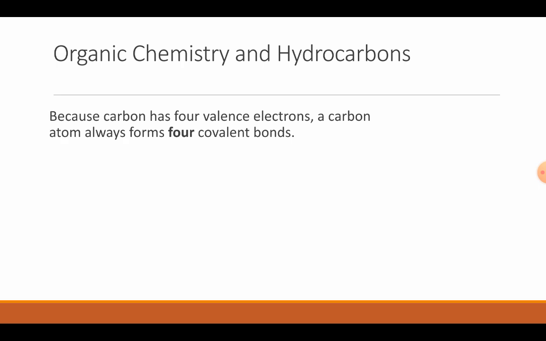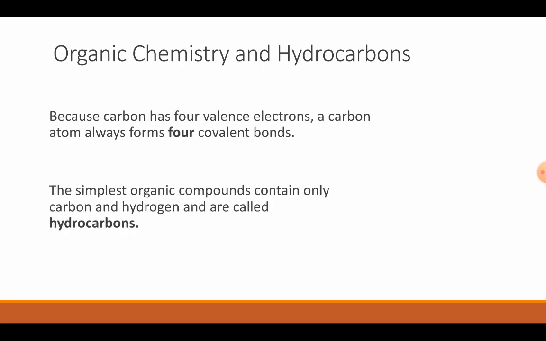Because carbon has 4 valence electrons, they can form what? A carbon atom always forms 4 covalent bonds. The simplest organic compounds contain only carbon and hydrogen, like we did now. So they are called what? Hydrocarbons, because they are made only of hydrogen and carbon.